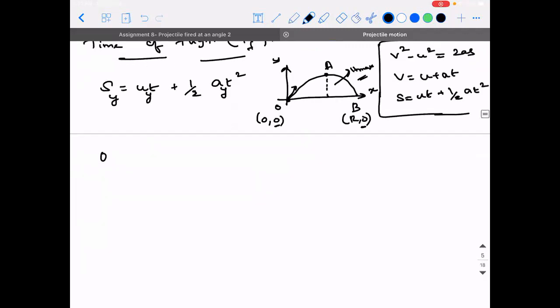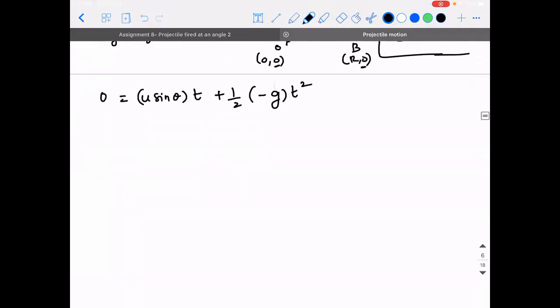Okay. So 0 is equal to, what is the initial velocity along y direction? It is u sine theta, into the time taken by the particle, t, plus half into, what is the acceleration of the particle throughout its journey? Minus g, into t square. So 0 is equal to t into (u sine theta minus g by 2 into t).